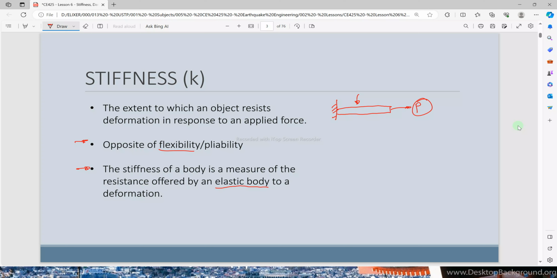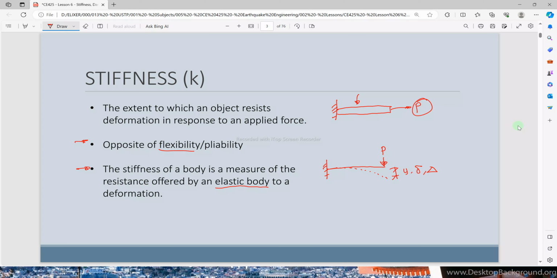Again, we have elastic and plastic. Let's say we have a beam and we apply a load on it. As the load increases, the beam will deflect. So there is a deflection. The symbol of deflection in your earlier years can be y or delta.